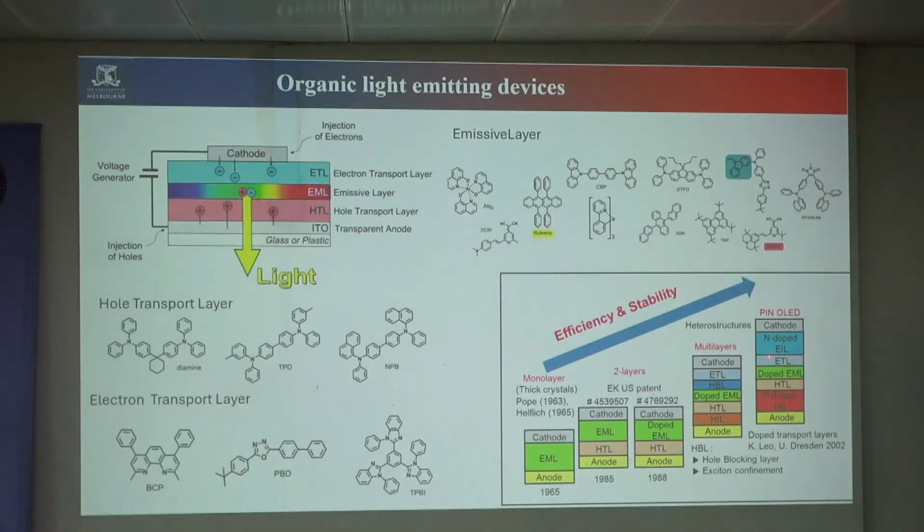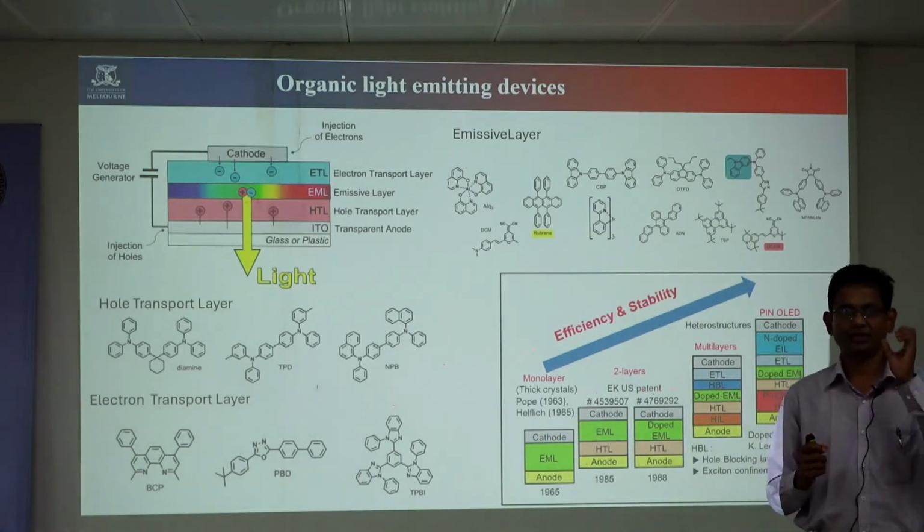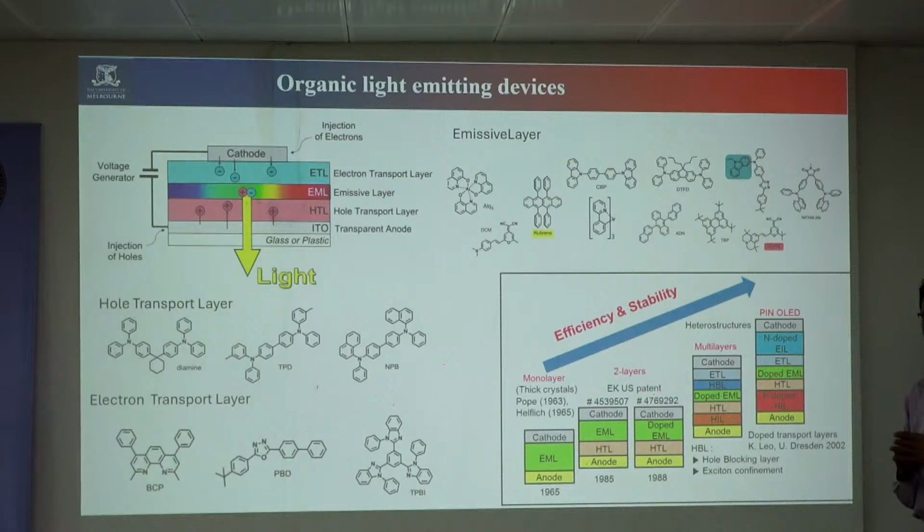The other one is the PIN junction, a P-type, insulator, N-type OLED. They have P-doped and N-doped layers, because now they are more sophisticated in improving the mobility of the material. We know that in silicon also we do doping, because intrinsic silicon is not conducting. We specifically inject impurities inside.